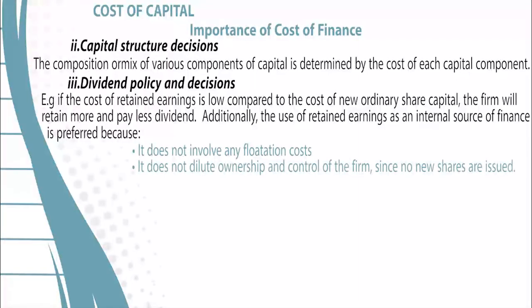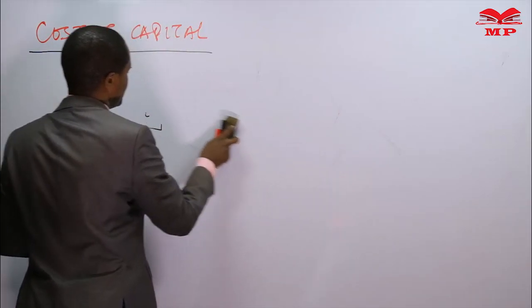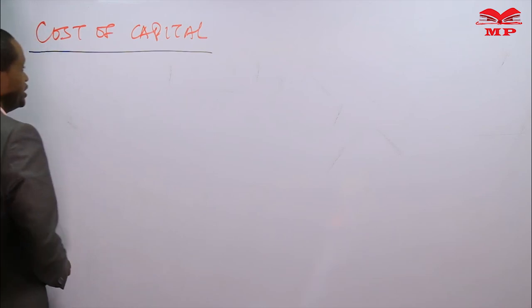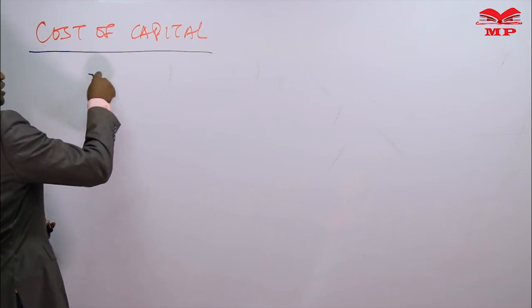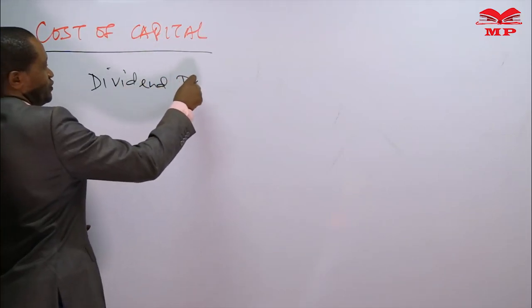Again, it does not dilute ownership and control of the firm since no new shares are issued. So cost of capital again will come into play when developing what we call the dividend policy of the company.